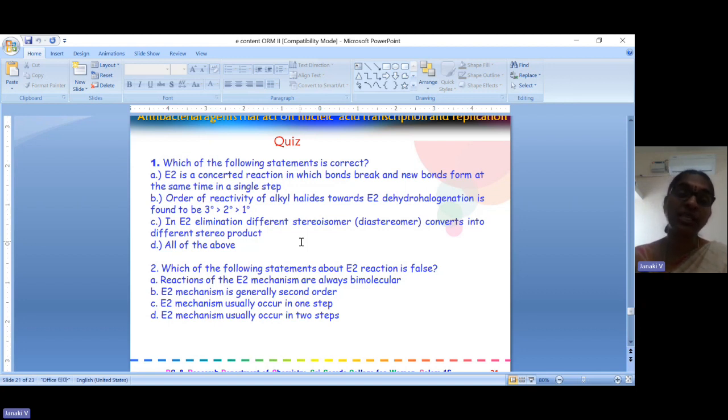It depends on both the substrates, for example isopropyl bromide and ethoxide. And similarly, elimination, and then the 2 stands for bimolecular. The rate of the reaction depends on the concentration of both the substrates. So it is bimolecular. Okay, so here E2 reactions usually occur in two steps is the false statement.